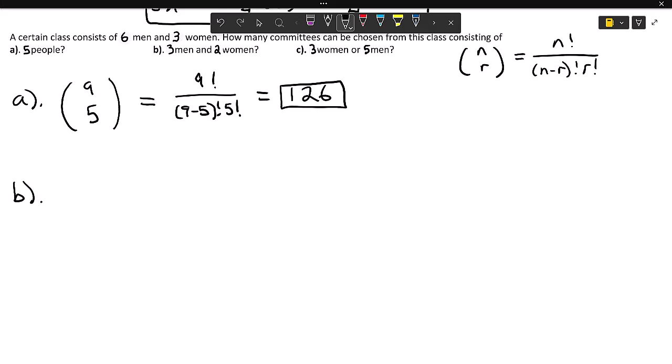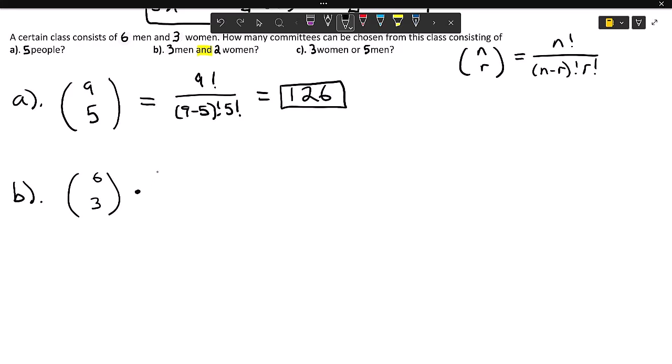The next one, the keyword is and: 3 men and 2 women. In this case, we take the number of ways to choose men out of the total men in the committee. So there are 6 men, and we have 6 choose 3. And then we multiply that.